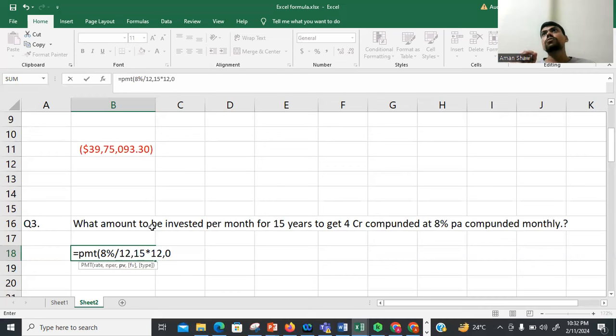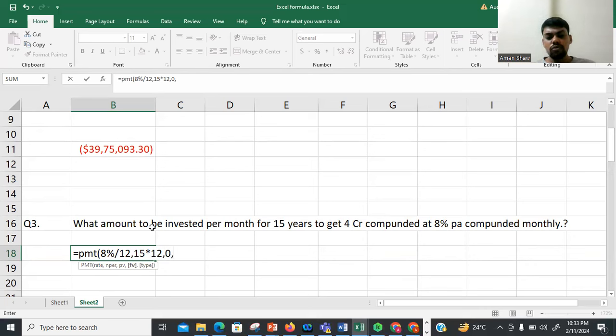But suppose you know that you want 4 crore rupees and you are ready to invest 1 lakh rupees as a lump sum investment. You are calculating, apart from the 1 lakh lump sum, how much you invest regularly every month. In that case, I would put 1 lakh rupees in the present value. But since I'm not investing anything right now and will only invest monthly, I'm putting 0 here.